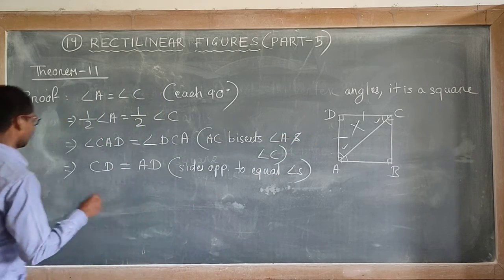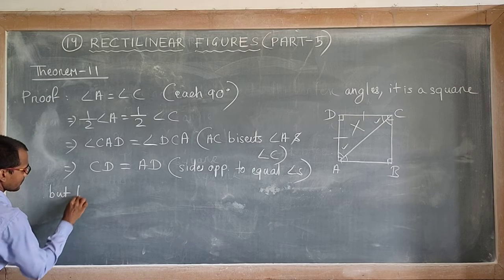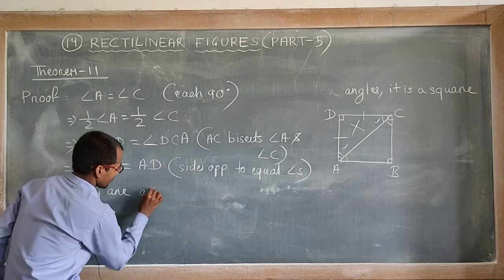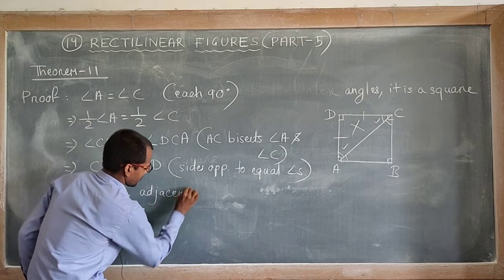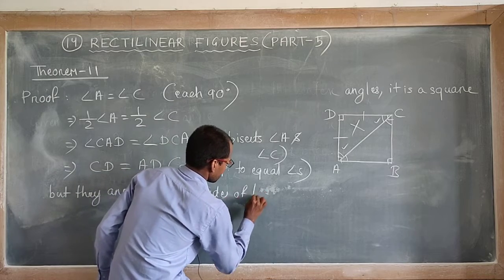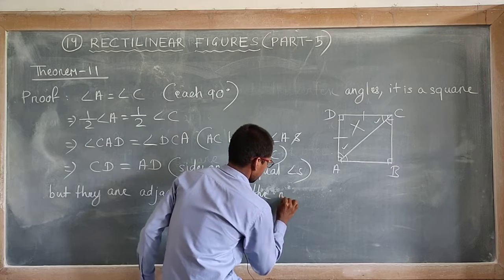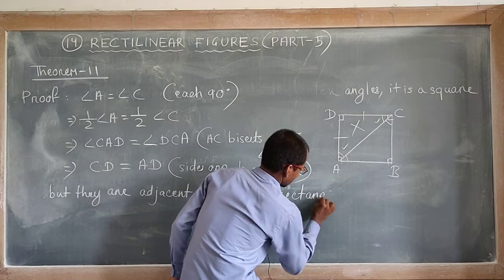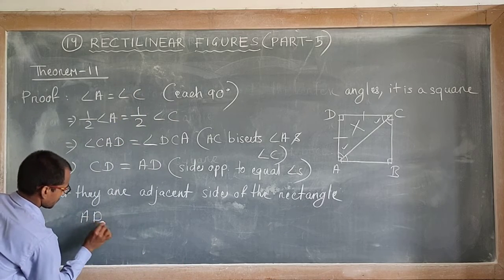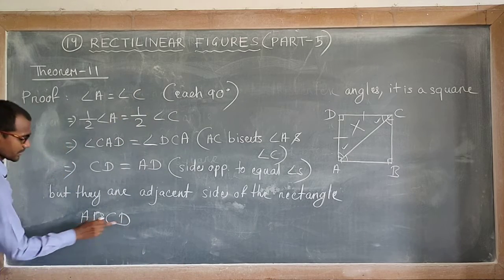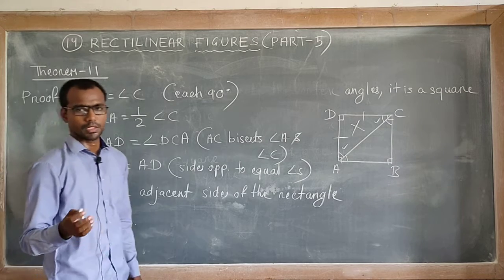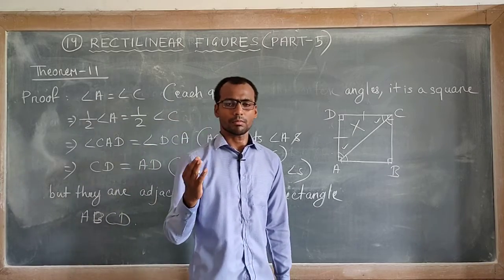But they are adjacent sides of the rectangle ABCD, so it is bound to be a square, using theorem number 10.